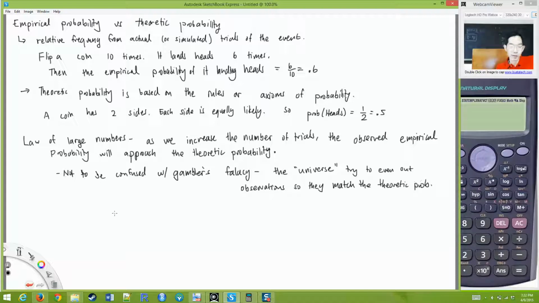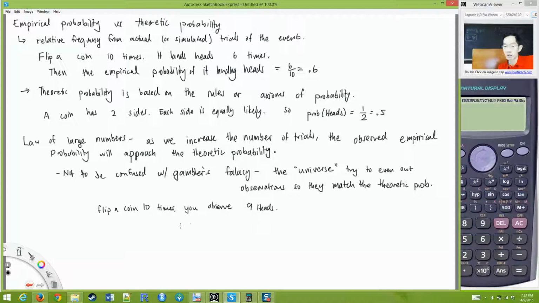Okay, so according to gambler's fallacy, if you flip a coin 10 times, and let's say you observe 9 heads. Okay, gambler's fallacy might say, well, the theoretic probability is that heads should show up only 0.5, half the time, so therefore in the future tails will need to show up more often to balance this out.